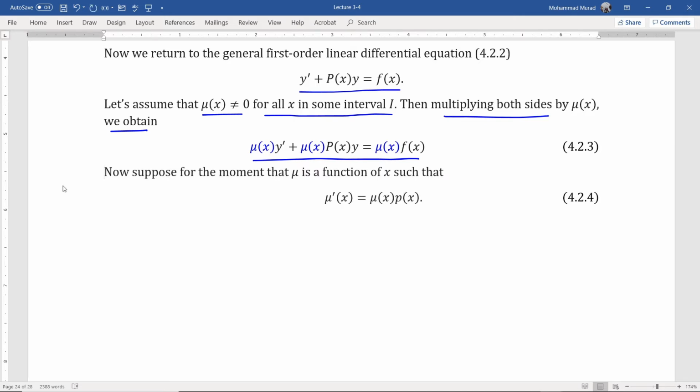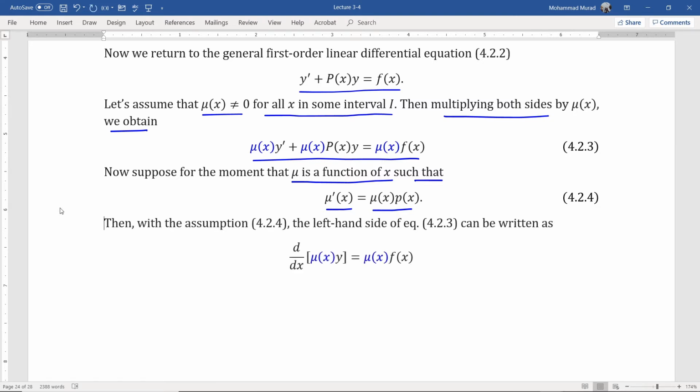Now also suppose for the moment that mu is a function of x such that its derivative mu prime equals mu of x times p of x.